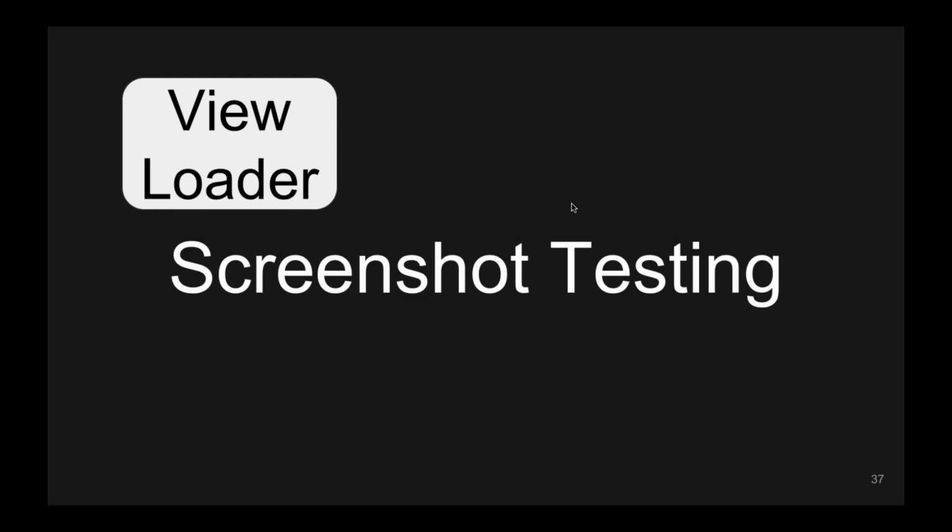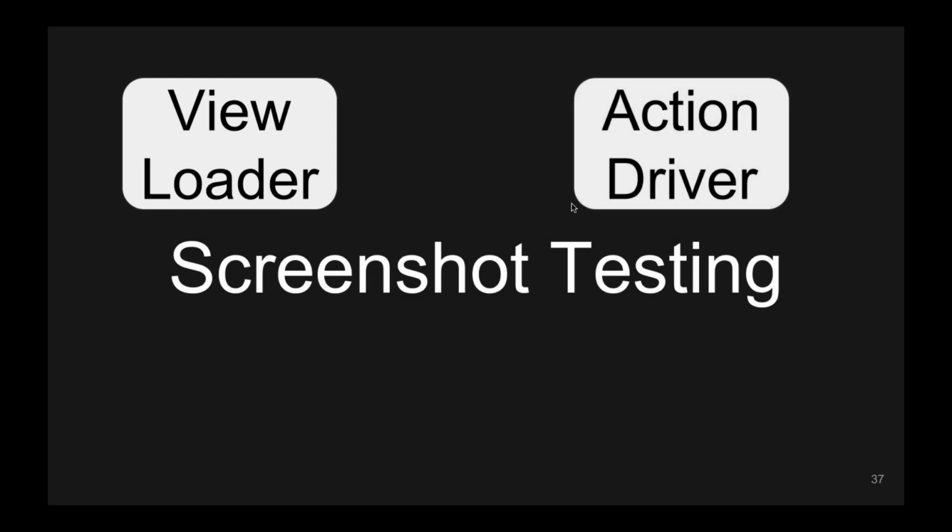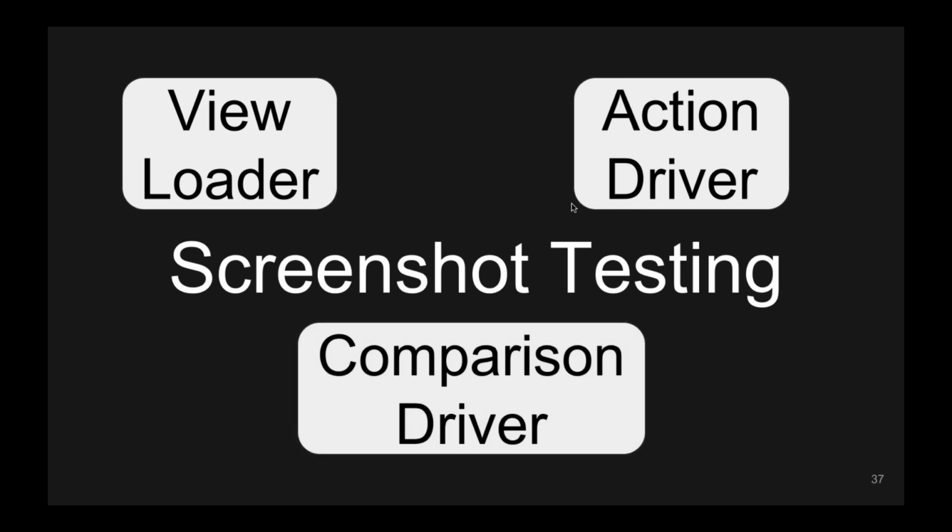They have a view loader, something that loads the component or the application. They have an action driver, something that interacts with the app. And the comparison driver: after you take screenshots, it needs to compare them and give you the result. Did it match? Did it fail? What was the failure threshold that you were accepting?